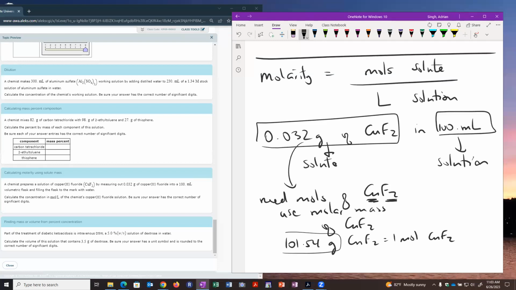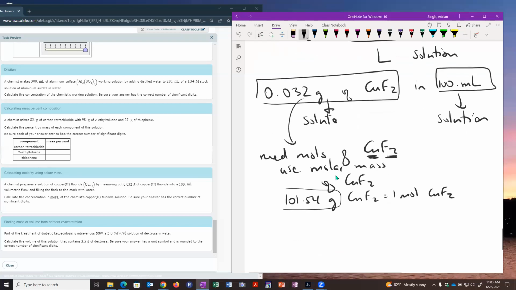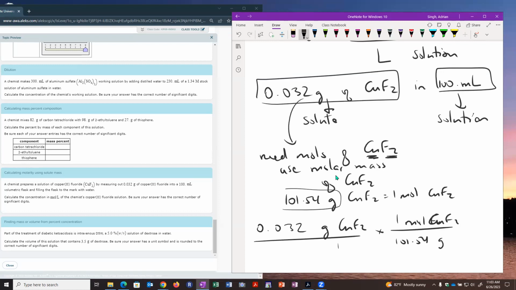So I can use that molar mass to convert grams to moles. We've done this before in last week's module, for example. All I'm doing now is just dividing by the molar mass, which is 101.54 grams. Grams go away. Moles is my unit.